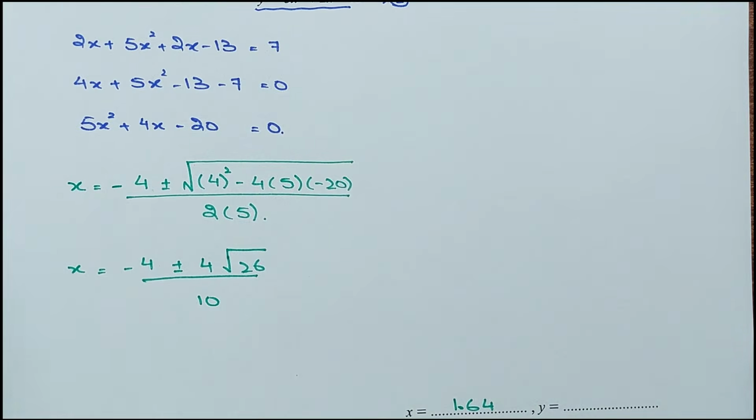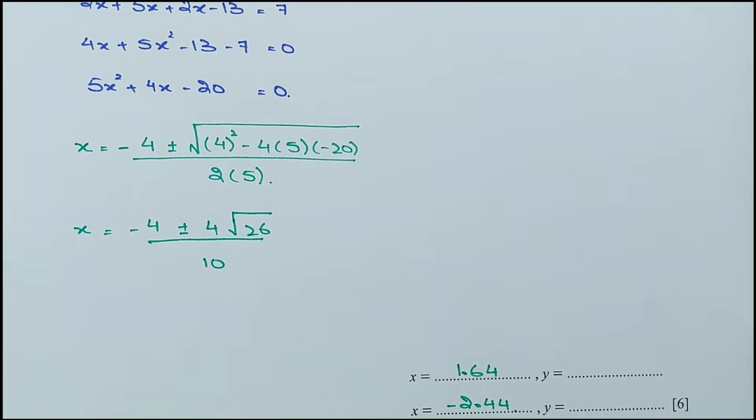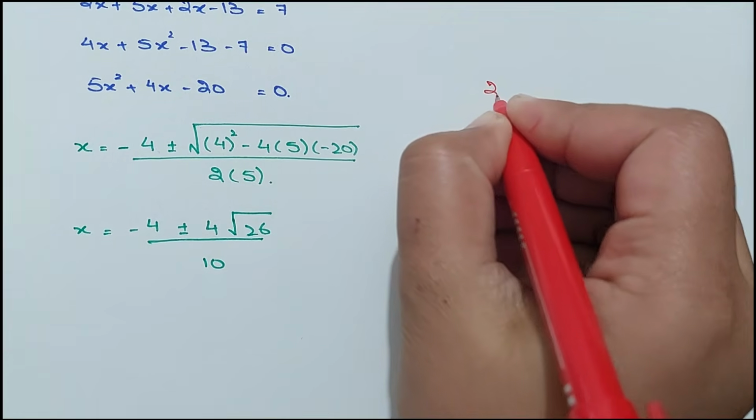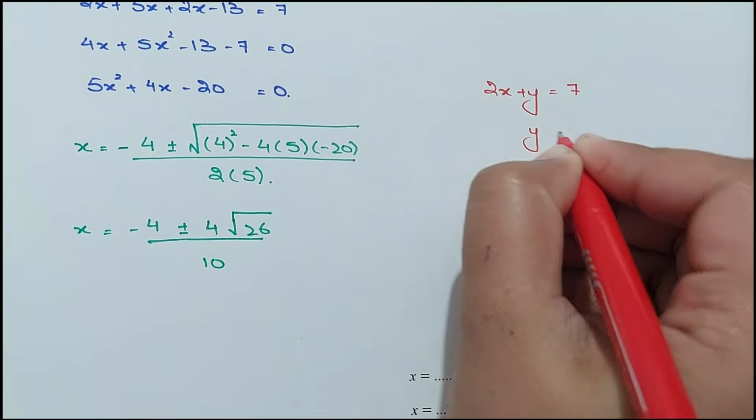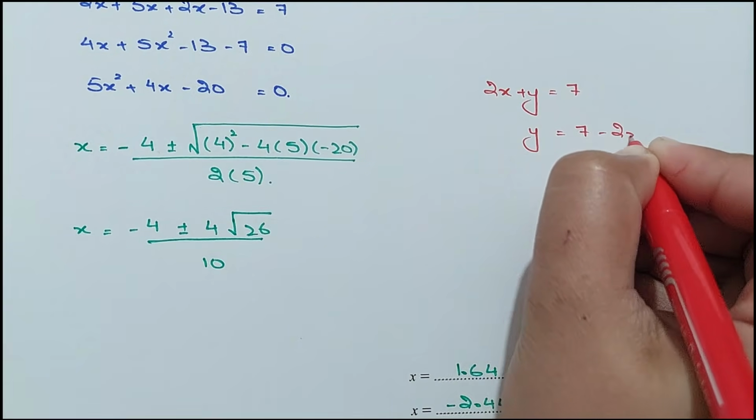Right, now let me solve the corresponding y values. For the corresponding y values, plug the x values into the equation 2x plus y equals 7, so y equals 7 minus 2x.